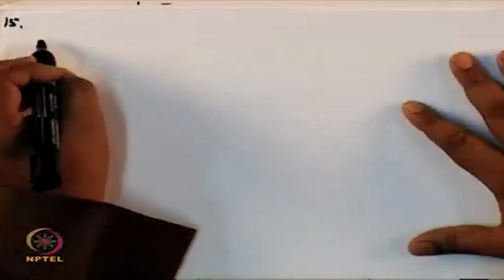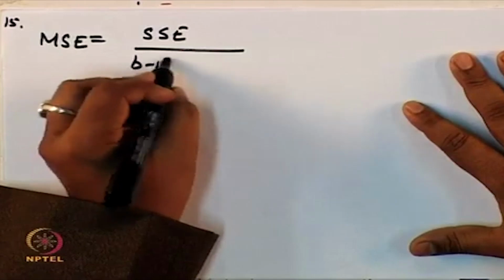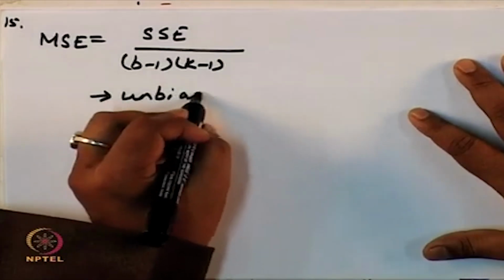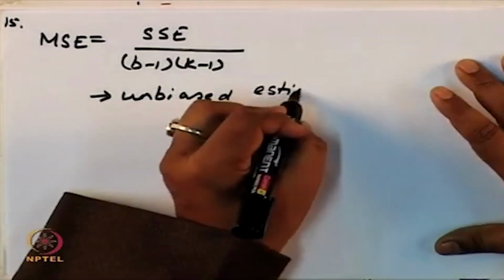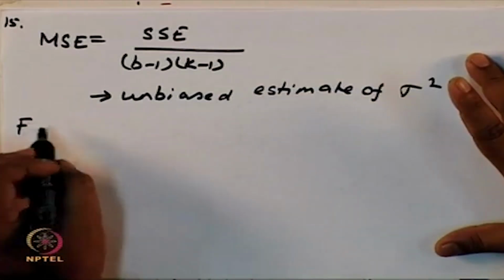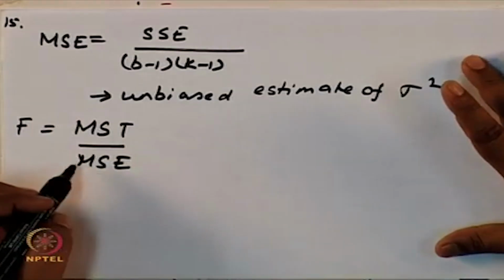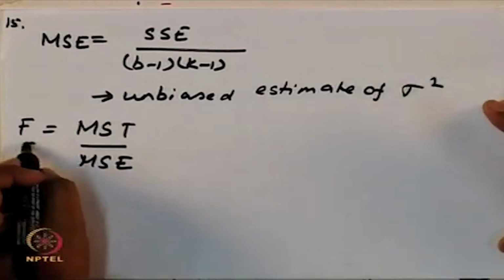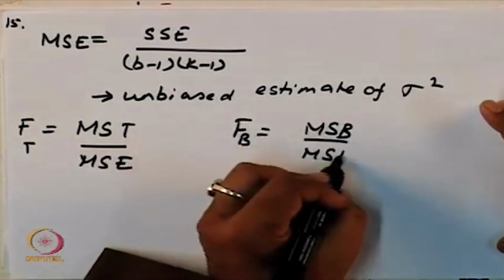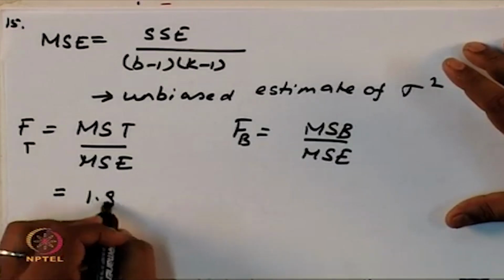You can calculate your MSE as SSE by B minus 1 into K minus 1, as an unbiased estimate of sigma square, and you calculate the F statistic, which is given by mean square of treatments by mean square of error for testing your hypothesis for treatments, or this is F of t, and F of B is given by MSB by MSE.